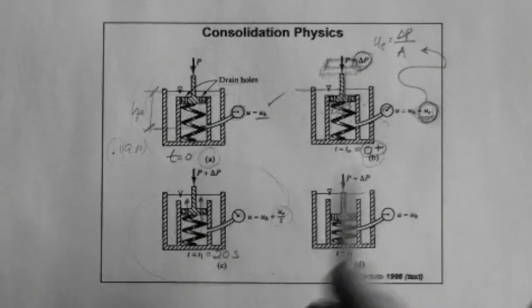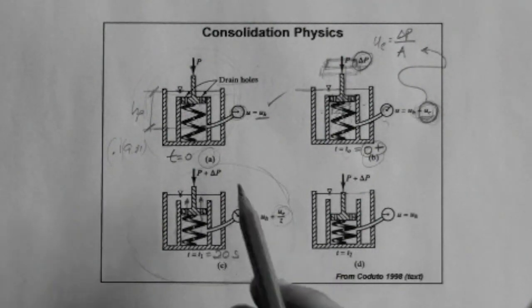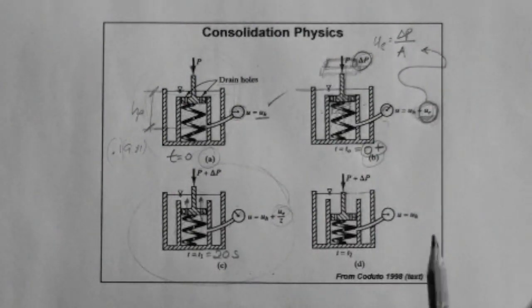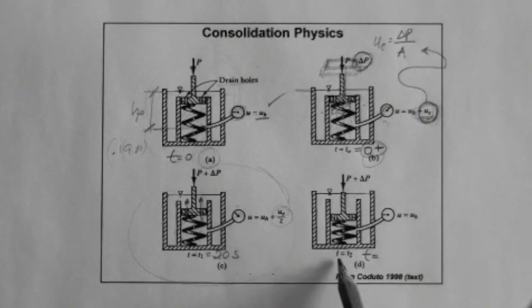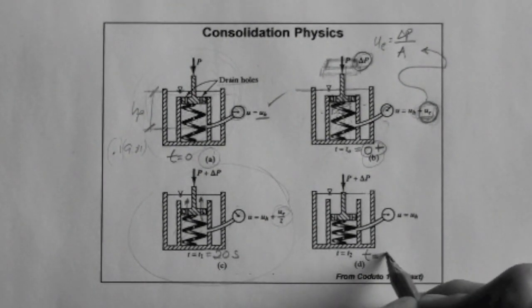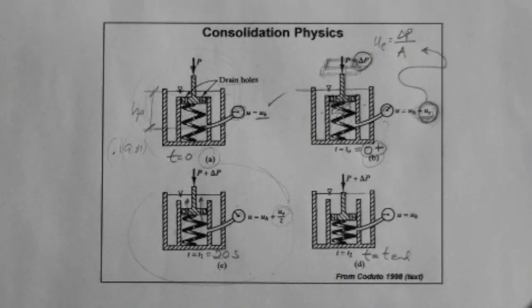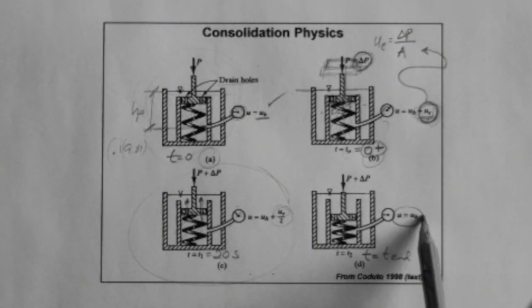It's just a fraction of what it was before, and the spring begins taking the load that you placed, the disc. Okay? At time equal, here it says T2, we're going to call this time equal time end. The spring is fully compressed, okay? And the pore pressure has gone back to hydrostatic.